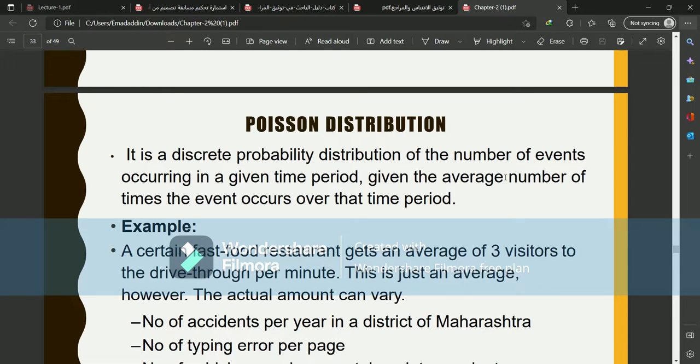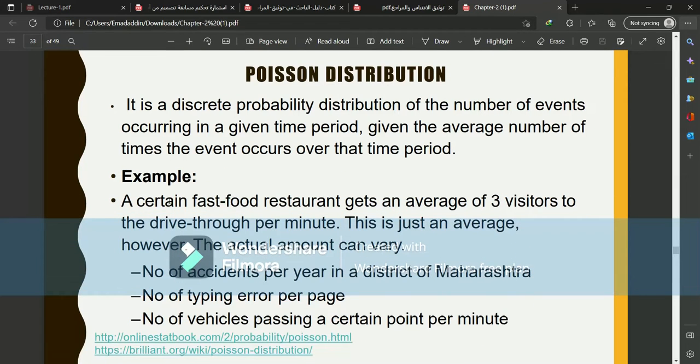It is a discrete probability distribution of the number of events occurring in a given time period, given the average number of times that event occurs over the time period.